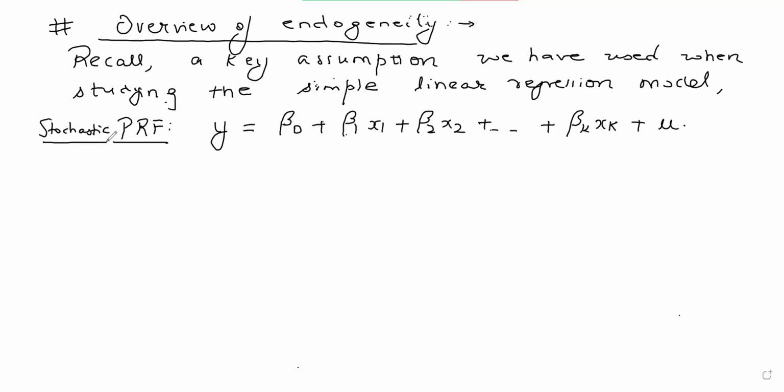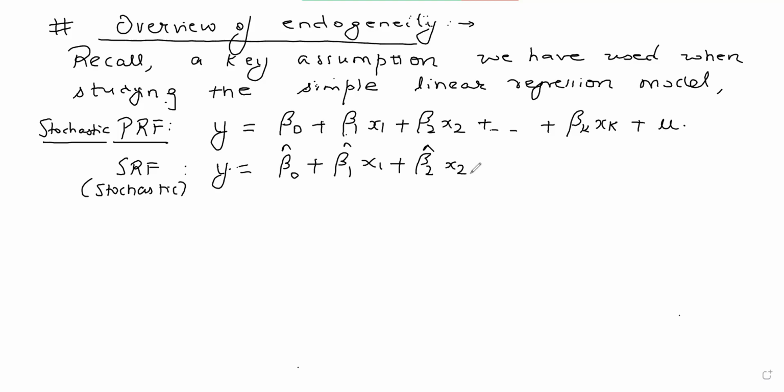And corresponding to it, the stochastic sample regression function is y is equal to beta naught hat plus beta 1 hat x1 plus beta 2 hat x2 plus dot dot dot beta k hat xk plus u hat.